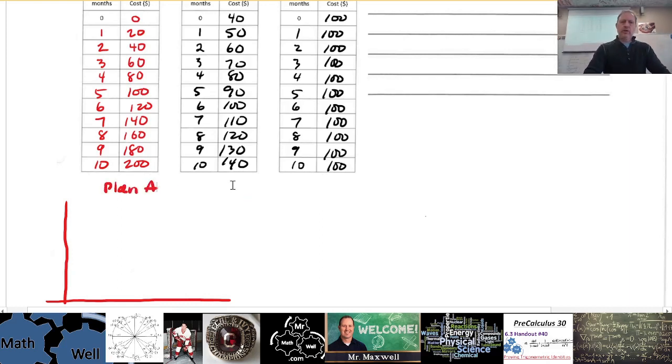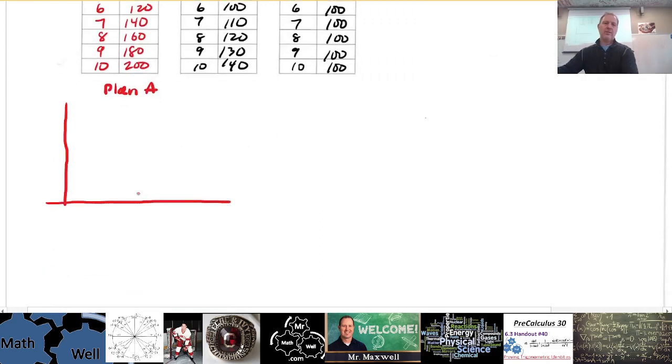All right, so the points. We're going to put the points on the graph. As I mentioned earlier, the points are going to be the pairs, the month and the cost associated with it. So we've got a point of (0, 0). That's the first point that's going to go on this graph. I should label my axes on the graph first. I know that I'm going to start at 0.